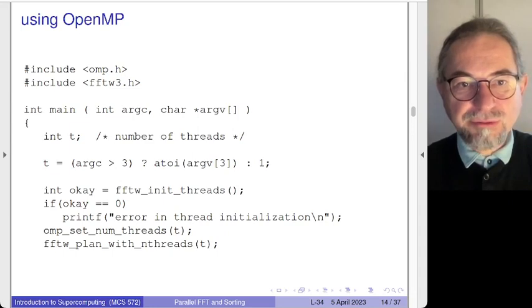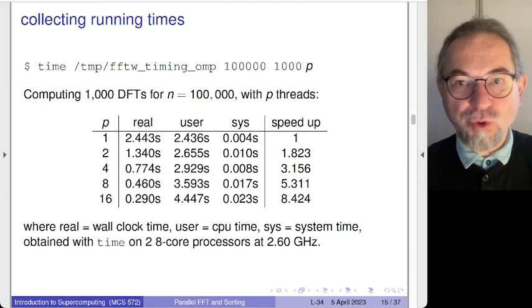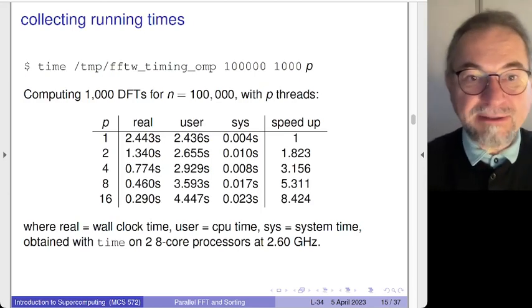Now let's do the third argument, the number of processors. We will initialize with the number of threads, and then with OpenMP we set the number of threads. The plan is executed with the number of threads, and that's the main modification to the code. So here you see the running.